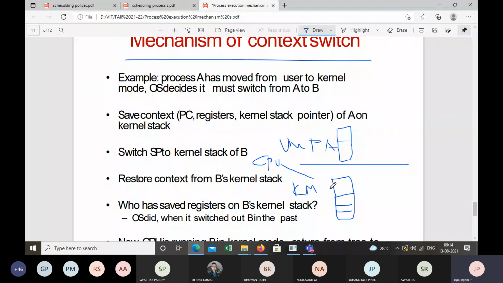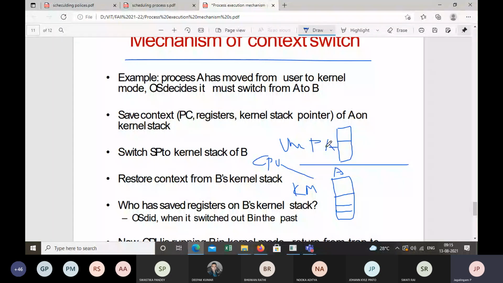Once the CPU moves to the kernel mode, we are in the operating system's control, right? Now, when we move from user mode to kernel mode, what do you store in the kernel stack? The old value of PC. In the kernel stack of process A, we store the old PC value.